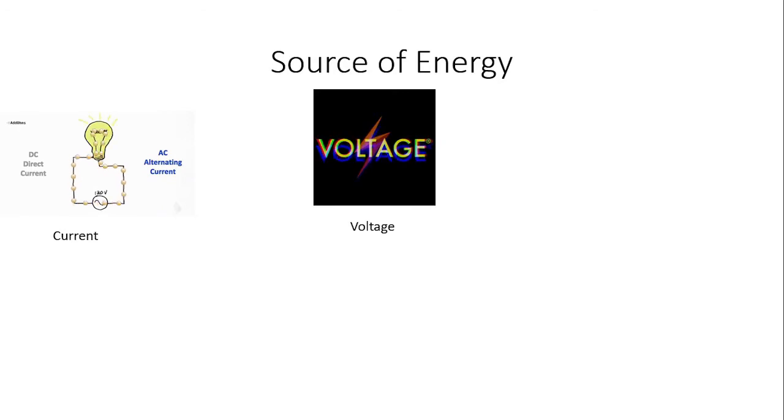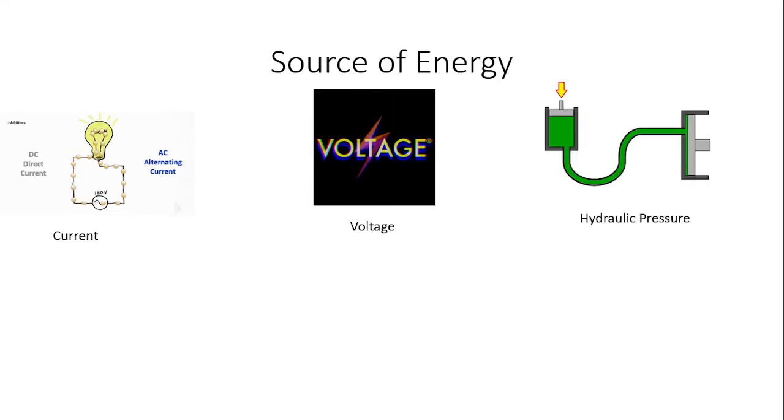And then how can we generate these kinds of energy? So sources of energy are also important. Current is one source of energy, and voltage is also one source of energy, used for making the electrical spark between the workpiece and the tool. And then hydraulic pressure.